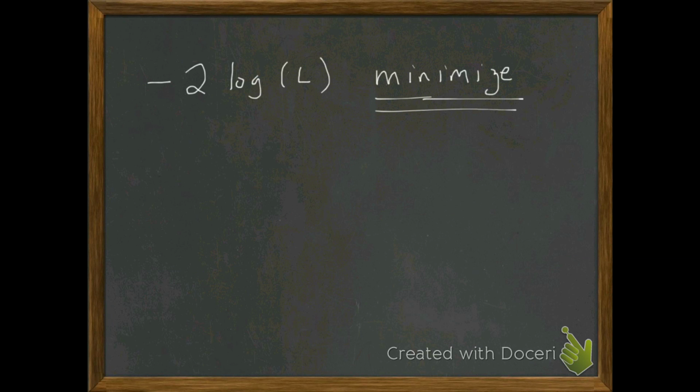The process is we look at the likelihood function and take the log of it. And at the end of the day, there's something called a -2 log likelihood value that the iteration process seeks to minimize.